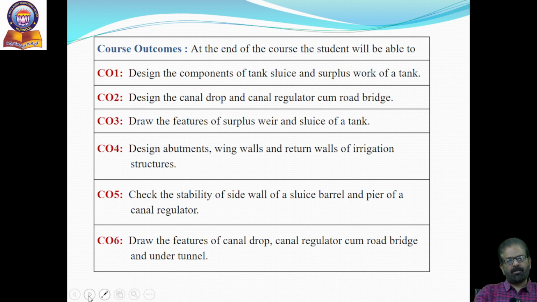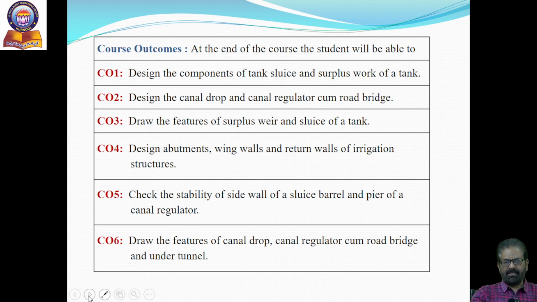So the student will also be able to check the stability of side walls of the barrel for tank sluice as well as piers of a canal regulator. So that means ultimately they will be able to check the stability of such types of hydraulic structures. That means stability analysis. So a complete idea about stability analysis can also be acquired from this course.